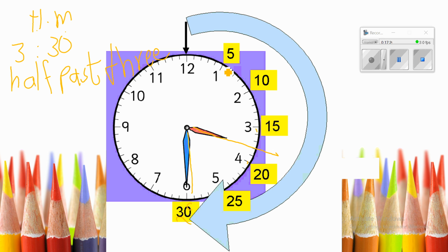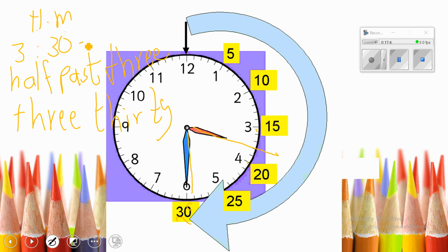Or I can write 3:30 in the word form. So this is the way I write the time. 3 ways: 3:30, half past 3, or 3:30 in words. Okay? So half past will come before the hour. But in the digit form, the hour is first, H:M.